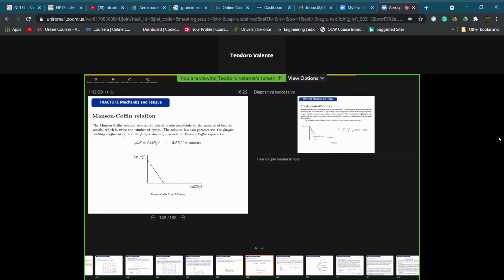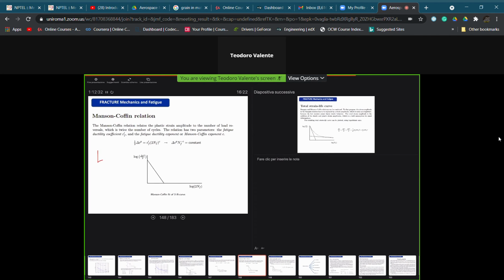If we move to the LCF, that is low cycle fatigue, that equation is no longer valid. And so we have another equation, which is called the Coffin-Manson or Manson-Coffin relationship, in which what is going to be constant is not the variation in the applied stress, but the amplitude of the plastic deformation, which is called delta epsilon p, multiplied by the number of cycles to failure with an exponent c.